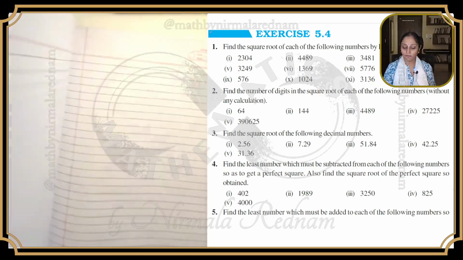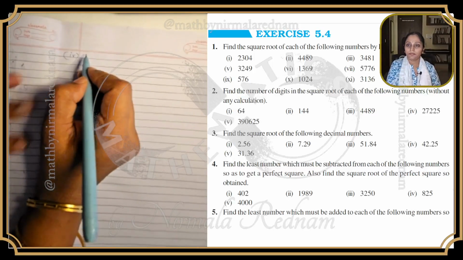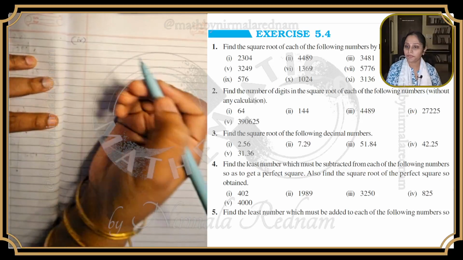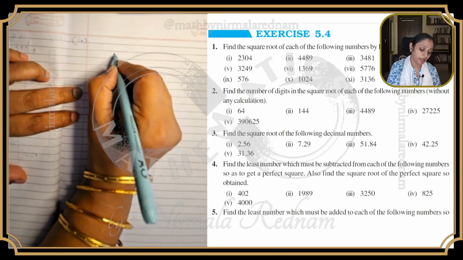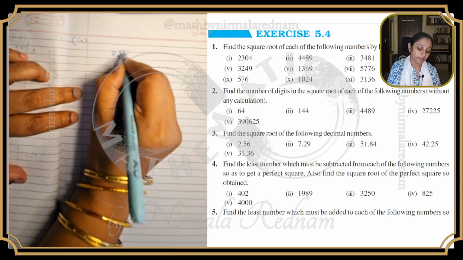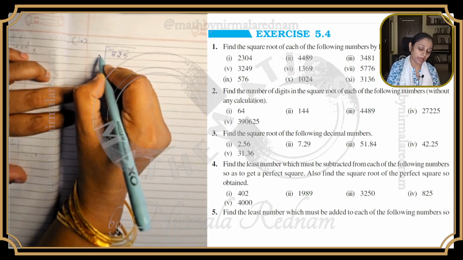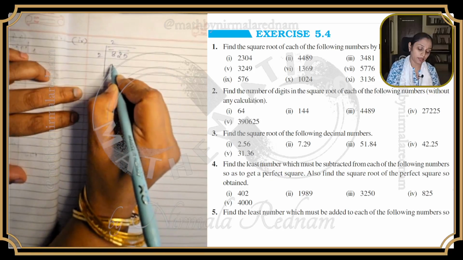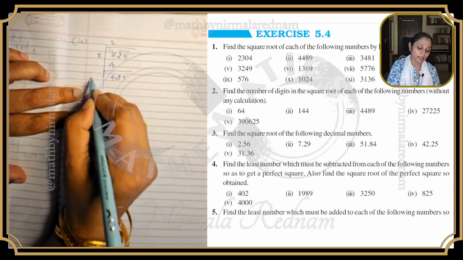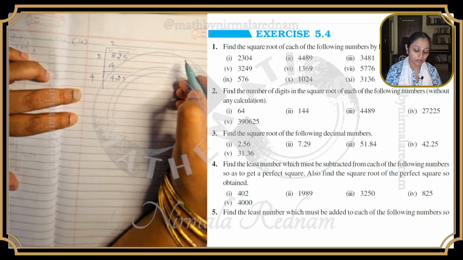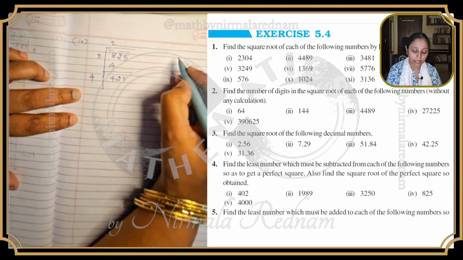Next, let's go to the fourth question. I have 825, correct? Yes. So 2 square is 4. Subtract, I have 4, then 25. Twice 2 is 4. Now I have to get something in the 40s for the 400.